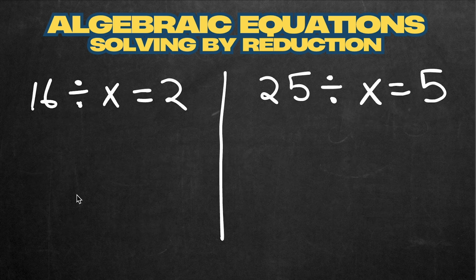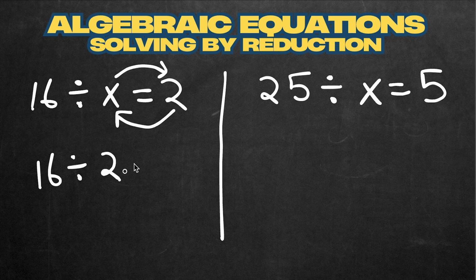Now here I see the variable is my divisor. Remember, when the variable is the divisor, or when you see it in the last position, just swap these numbers. So you can simply do 16 divided by 2 equals x. 16 divided by 2 is 8, so x equals 8.